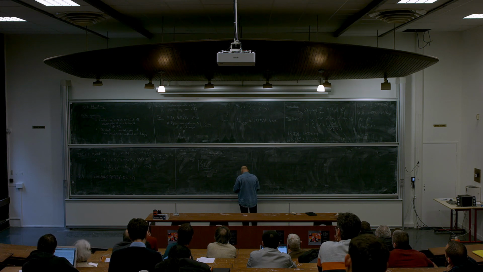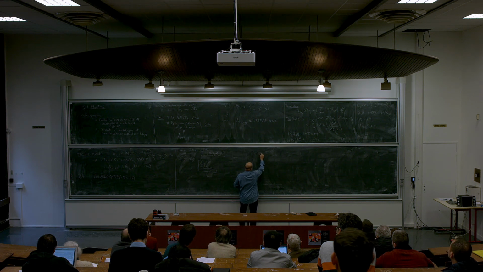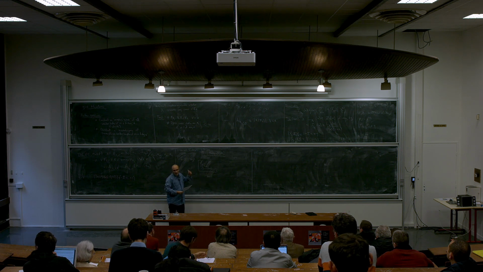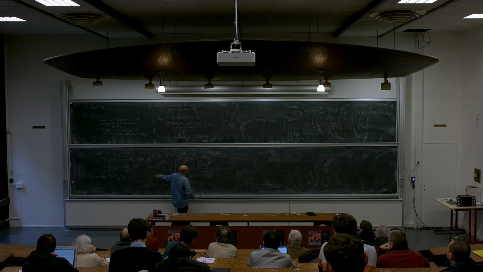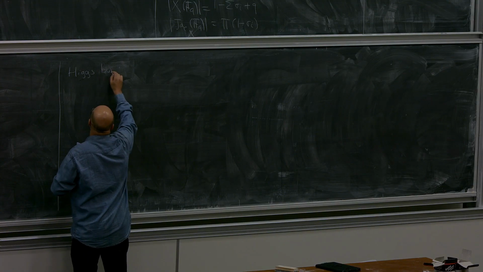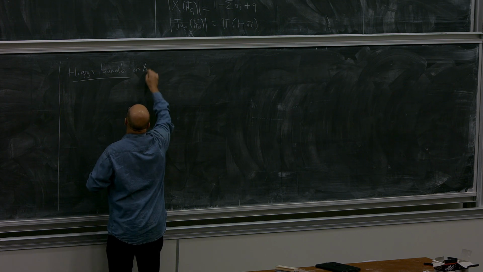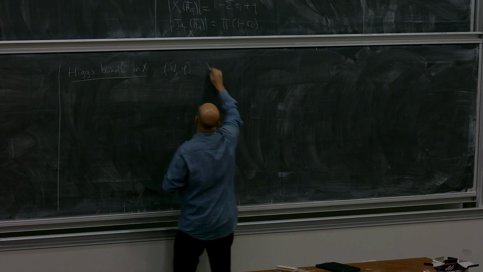But it turns out that there is a nice and important algebraic variety associated to the curve, whose Poincaré polynomial is given by this counting. And this is the moduli space of Higgs bundles. So let me say, a Higgs bundle on X is a pair (V, phi). So V is a vector bundle.